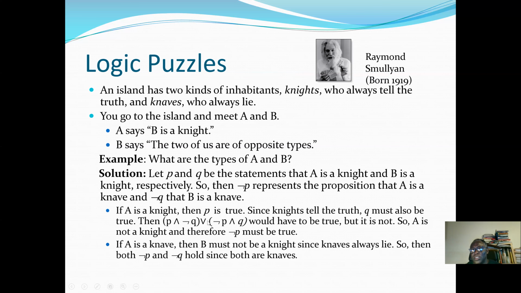And the V is or, disjunction. So this is a logic puzzle. If A and B are opposite and A is P and B is Q, then it will be P and not Q, or Q and not P.